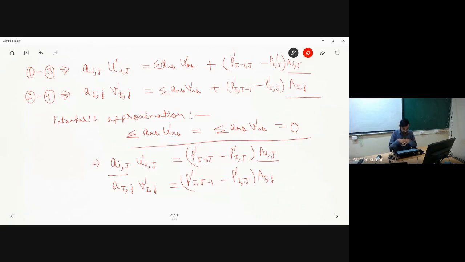So first we have to determine the pressure correction term, and that will help us in finding the values for U dash and V dash. Now here comes the question: how to determine the pressure correction term? This is a very, very important question.